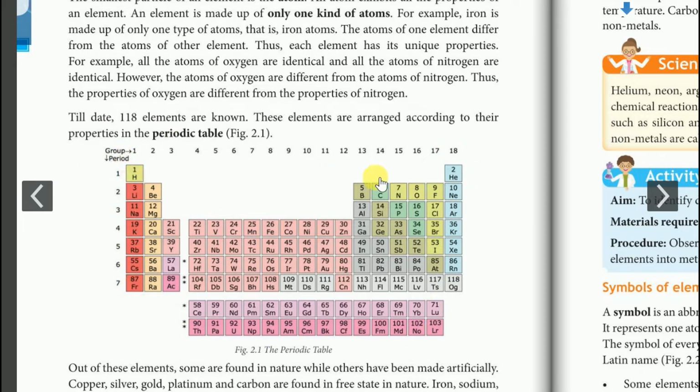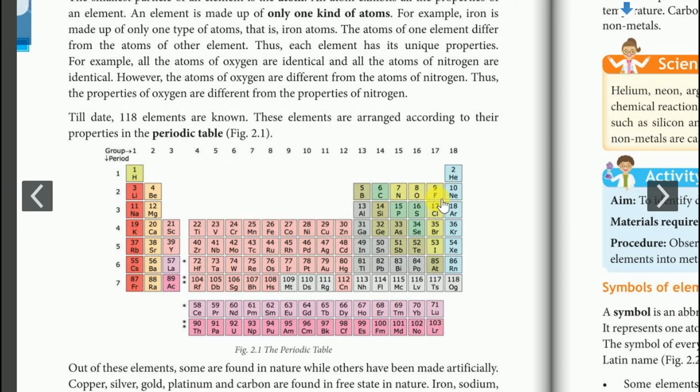Now, first element hydrogen, second helium. These are the symbols, simple representations of the elements. First one, hydrogen. Second one, helium. Third, lithium. Fourth, beryllium. Fifth, boron. Sixth, carbon. Seventh, nitrogen.